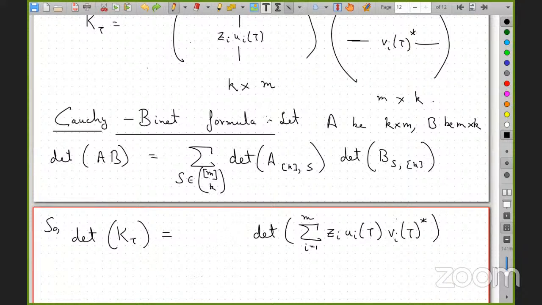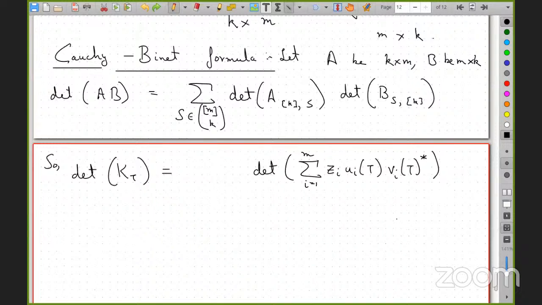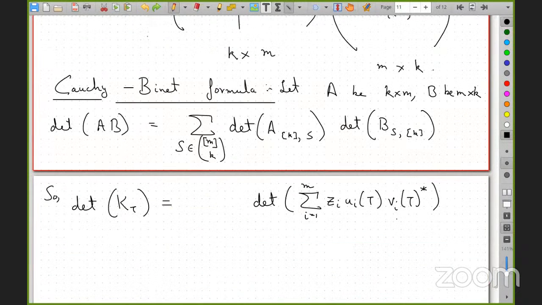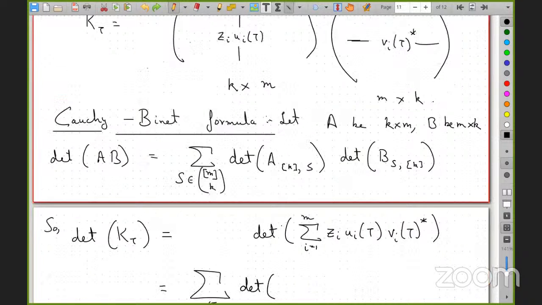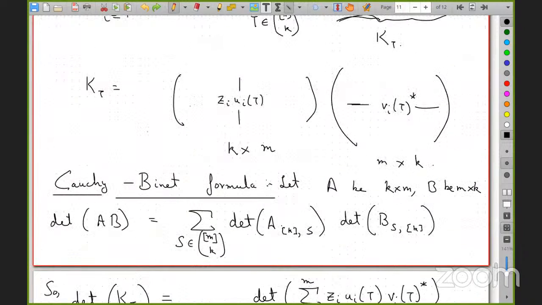That's what the determinant is. There's no sum here. So this looks like a sum over all subsets of the determinant of this.